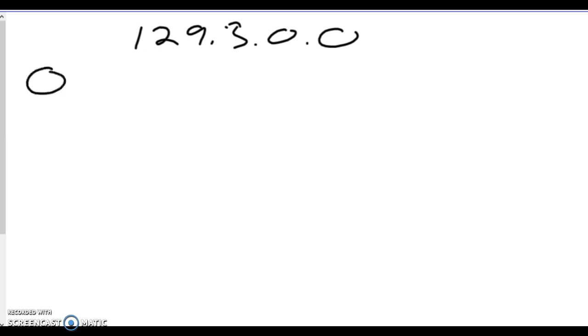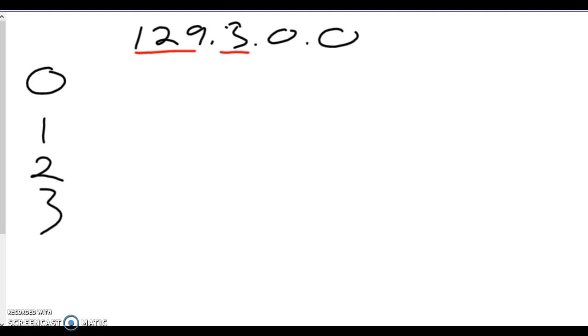And then we go into supernetting. 129.3.0.0. Why do we start here again? Because this is our very first subnet. And at class B, once again, we are only paying attention to the network portion and not going to modify that. So we're creating a supernet.